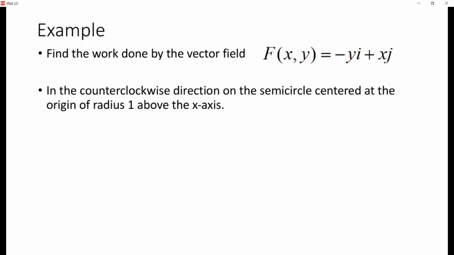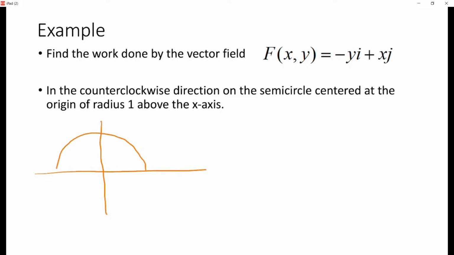The big issue here with problems like this is setting up your curve. So we have this counterclockwise direction, semicircle, centered at the origin, radius 1 above the x-axis. Okay, so let's set this thing up, see if I can draw this relatively well. So I have a semicircle, counterclockwise, radius 1 above the x-axis.